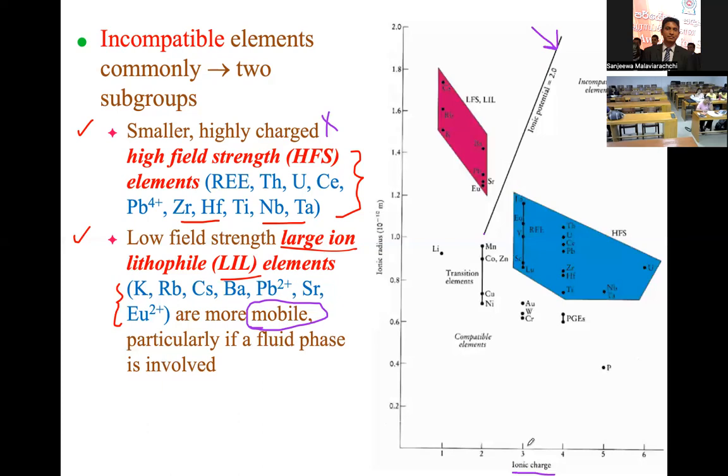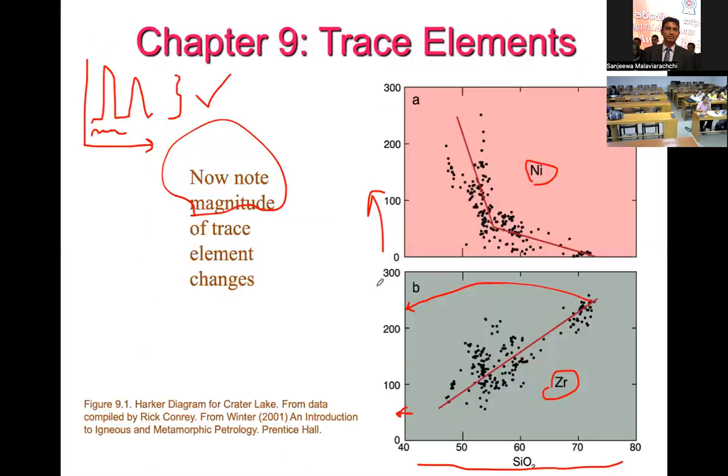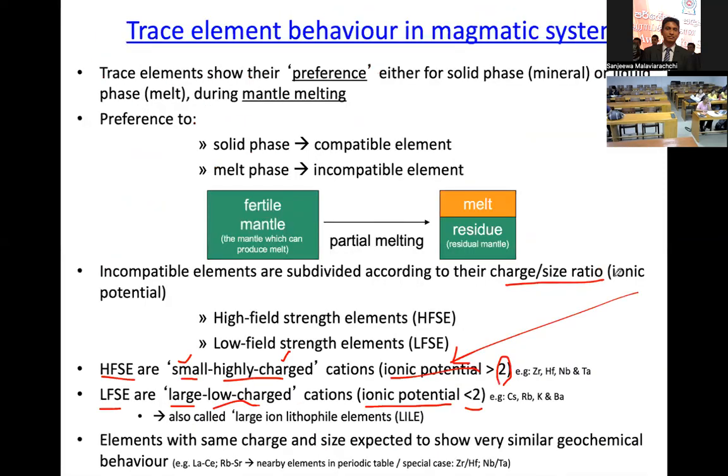If you divide the charge and the size, that is the ratio, right? We are taking, just remind here, charge size ratio. The boundary is 2, right? We took the boundary as 2 for division.